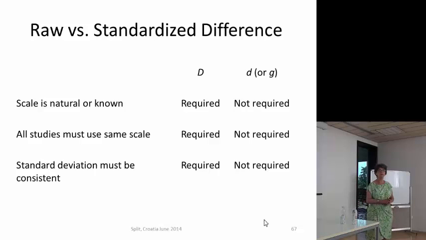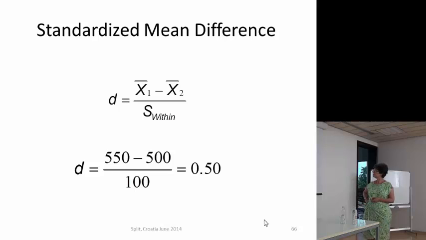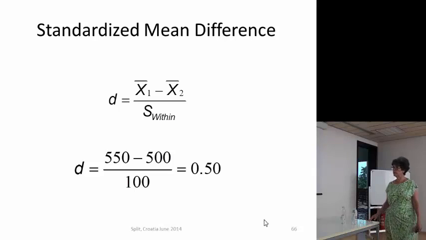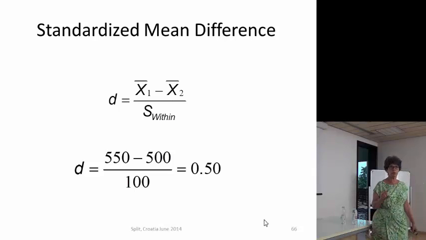Sorry, what about the case of negative values? So if we have a change in the opposite direction? Well, then it would be minus. You just put minus, and that's okay. What you want to do is make sure that a plus or a minus sign on your effect size always represents the same thing, in terms of the treated group doing better, for example.